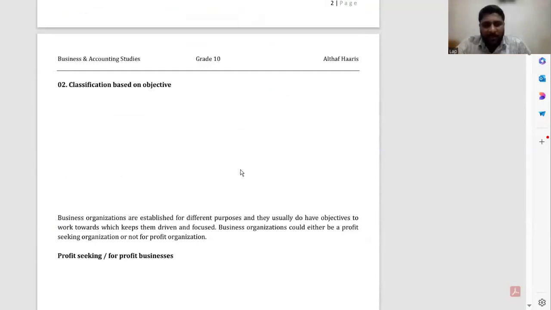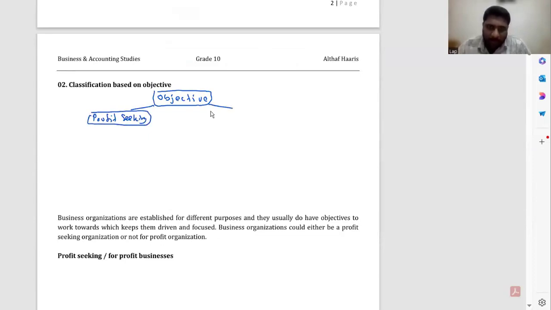Classification based on the objective. I told you, two objectives are there. One is profit objective, other one is not for profit objective. One is profit seeking, other one is not for profit.